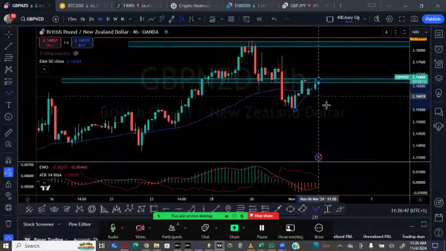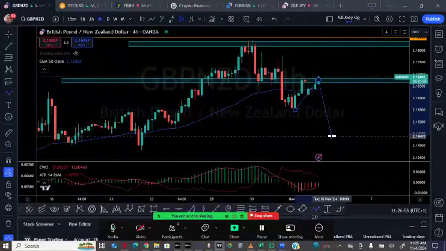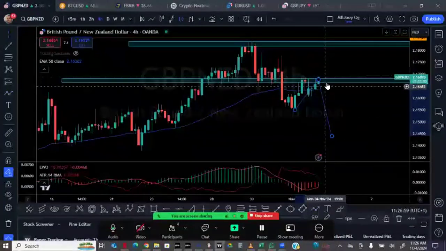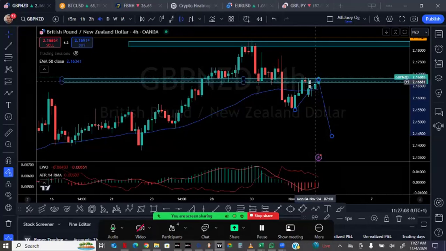Any of those three, or any combination of those three, will tell us that price is likely going to push lower. It is at that point, when you have seen it and it is confirmed, that you now take a sell.